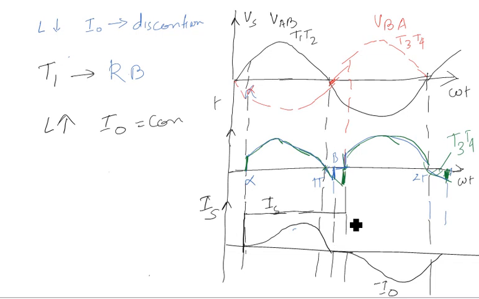During this cycle, T1 and T2 are operating from alpha to pi plus alpha. So the current is plus I naught, and after pi plus alpha, the current cycle reverses. So your supply current is positive and then negative, then positive. So it is an AC supply.